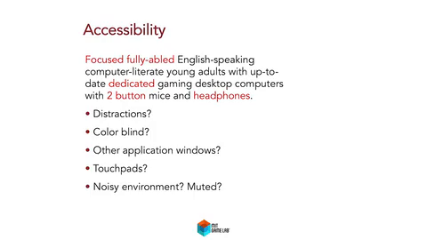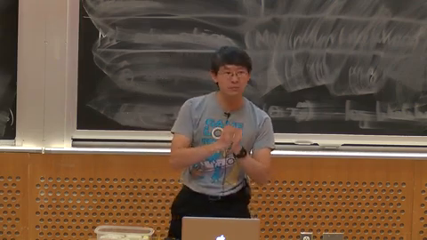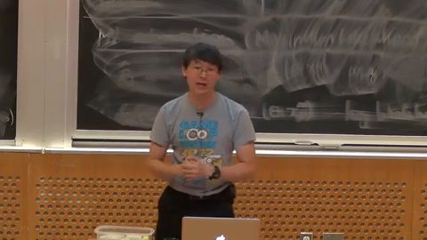So these particular red line things are the things that I want you to be willing to question about your own game. There are some things like English-speaking, computer-literate young adults. It is great to be able to design games for people who are not like you. It is a little bit beyond the scope of this particular class.